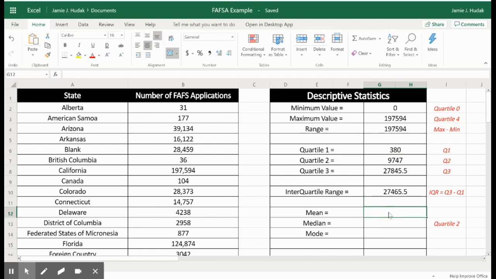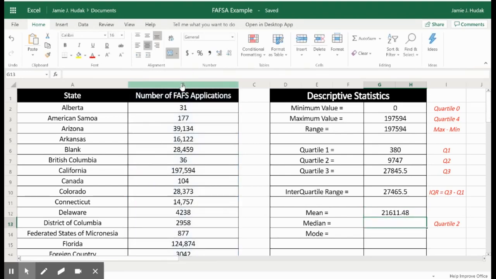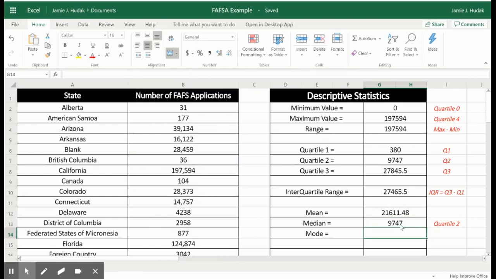We can use Microsoft Excel to calculate the average for us. Average, oh, forgot my equal sign. You always have to start a formula with an equal sign. Click on the column. The average value is 21,611. The median. So Microsoft Excel has a median function, and this should give us the same answer as Q2, 9,747.